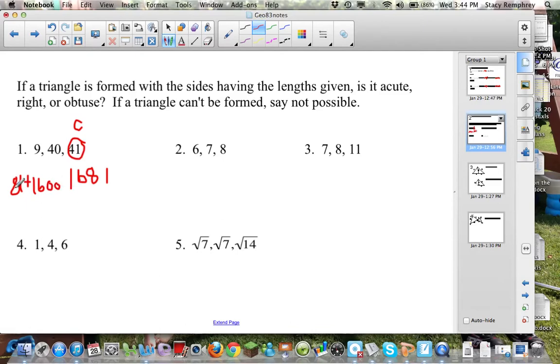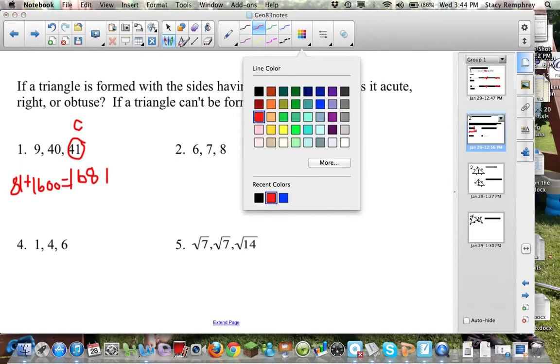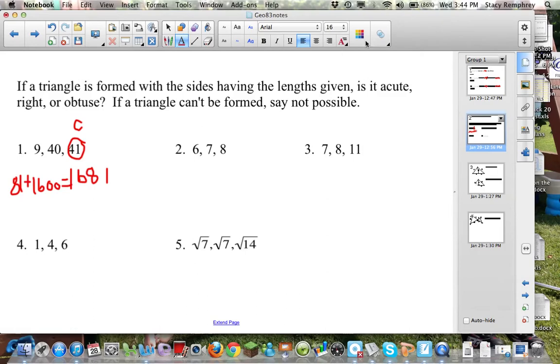Okay, and I compare this to this. I see they're equal. So that means that this is a right triangle. Okay, so you're going to push pause and work through these, then come back and check your answers.